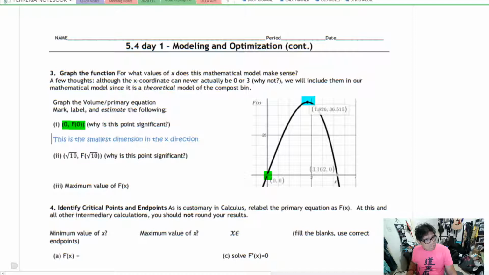How about square root of 10, f of square root of 10? Where do you suppose that is? Well, that's somewhere a little bit north of 3, I think. So square root of 10, f of square root of 10, that is right here. Why is that point significant? Well, that's the smallest dimension in the y direction.